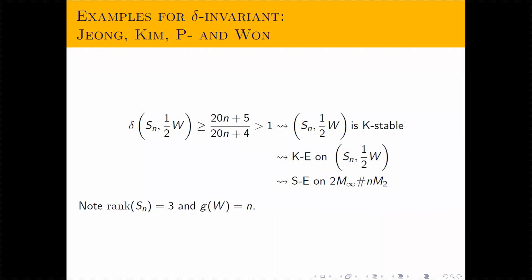We can prove that this delta is strictly bigger than 1. Then this is K-stable again, and you have the Einstein metric here. This time it has rank 3, and the genus is n. So you have the Sasaki-Einstein metric on this series of 5-manifolds.